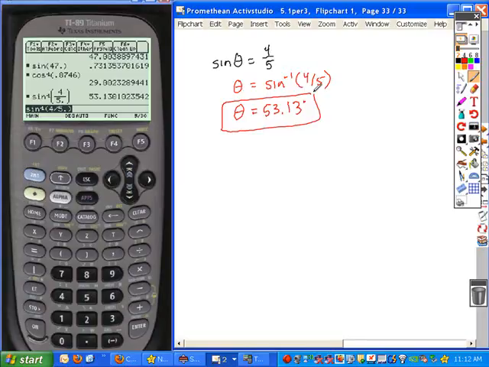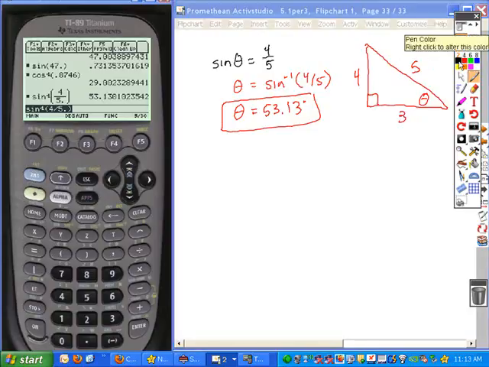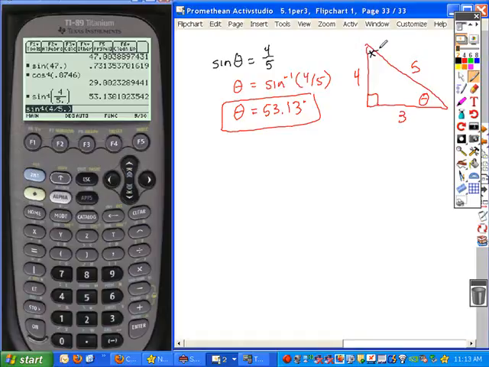What triangle has a sine ratio of 4/5? Opposite over hypotenuse. So you know the other adjacent side. What would we expect this other angle to be?